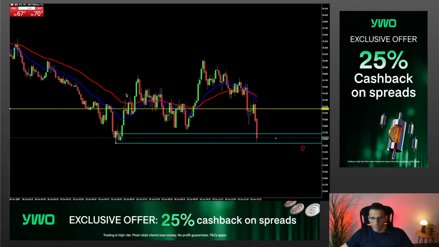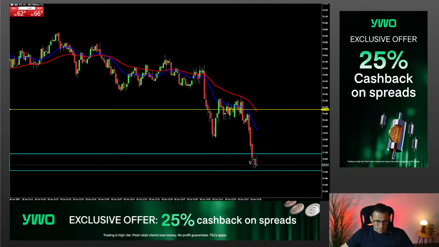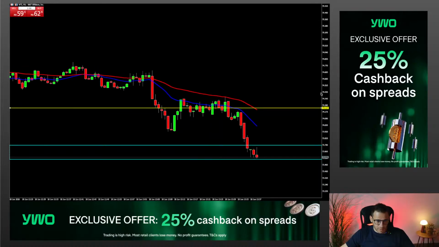WTI, 1 minute until this candle finish. Let's see. Zoom in a little bit. This is the 1 minute chart.